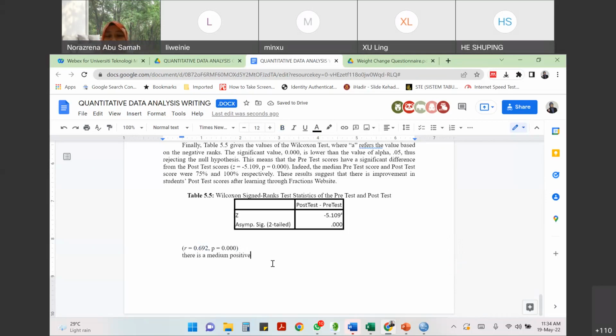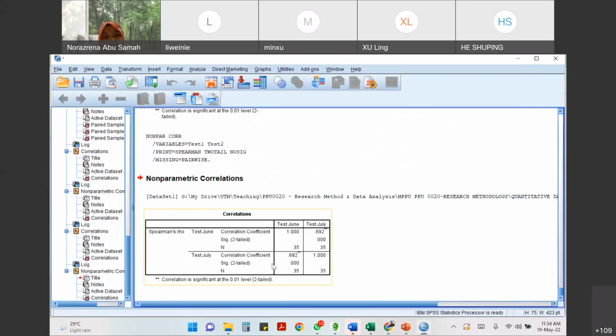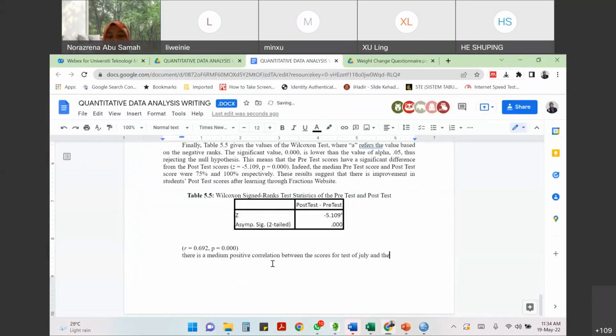There is a medium positive correlation between the scores for test of July and the scores for test of June. This is how you write. So you put it here. That's how to write in your thesis.